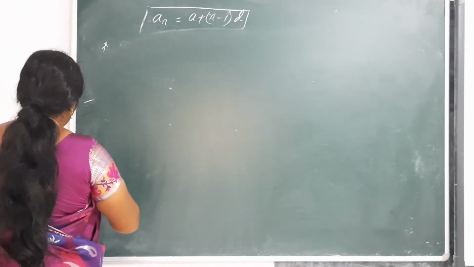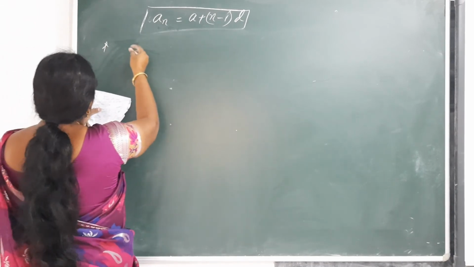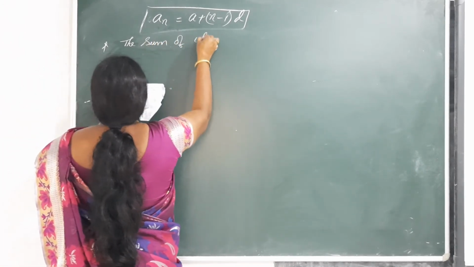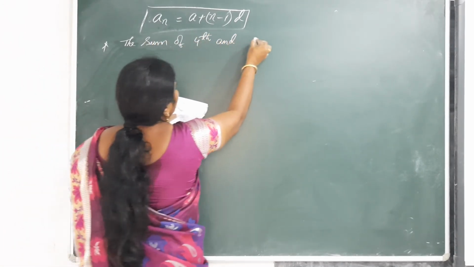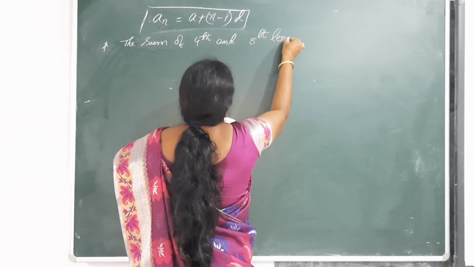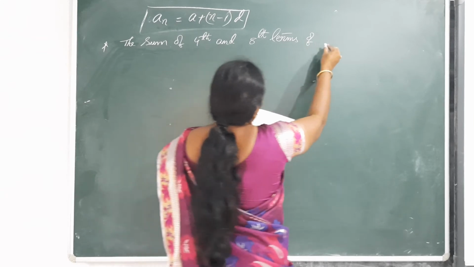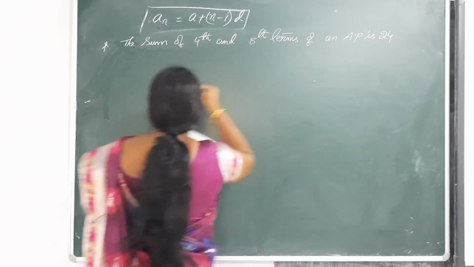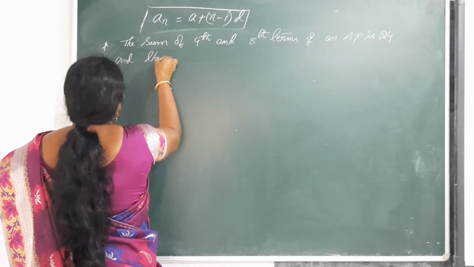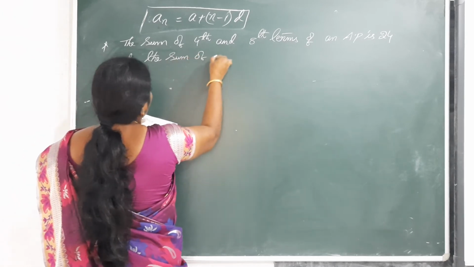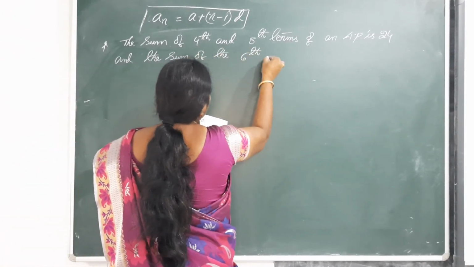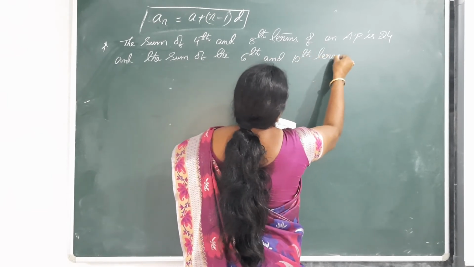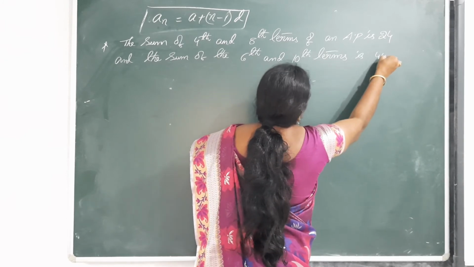Next, another example. The sum of the fourth and eighth terms of an AP is 24, and the sum of the sixth and 10th terms is 44.